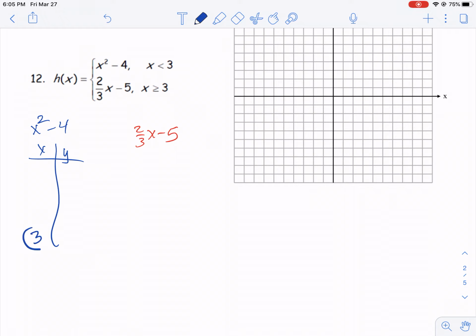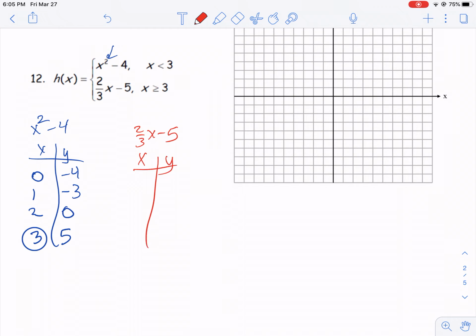So here's my 3 with an open circle, and then numbers under 3. So it's going to give us a 5, a 0, a negative 3, and a negative 4. Again, because of the square, I know that's a parabola, so I got to remember to draw it curvy when I do that. And we'll go get this one.